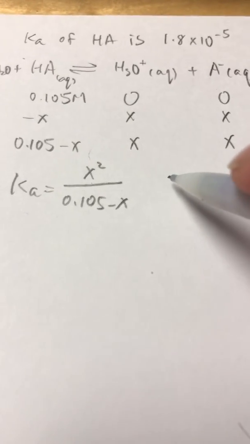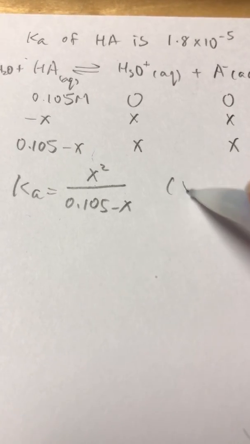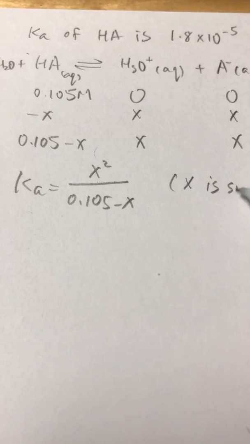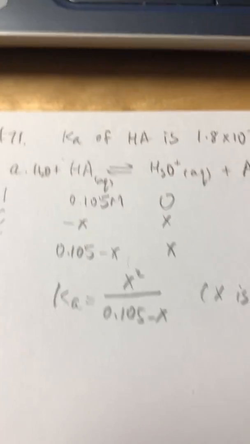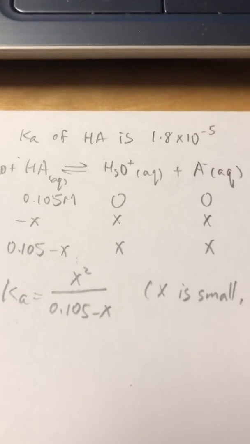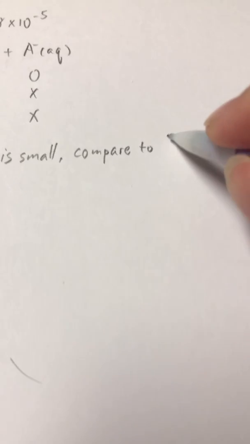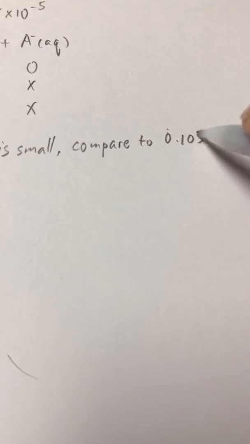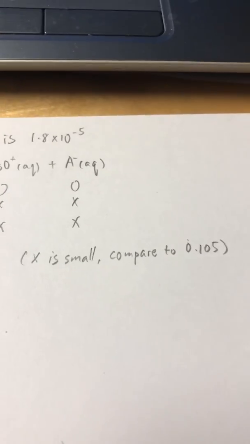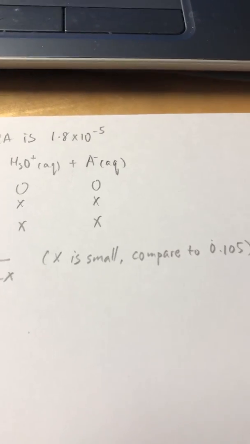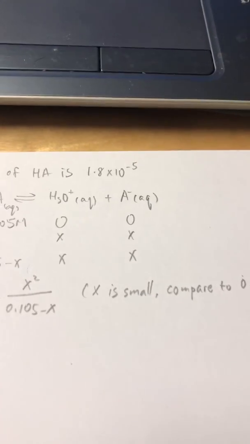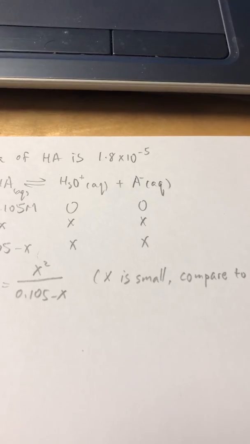Then at this step, you need to make the assumption that x is small. How small is small? It means small compared with this 0.105. Remember, when you make the assumption that x is small, it is only used in addition or subtraction.